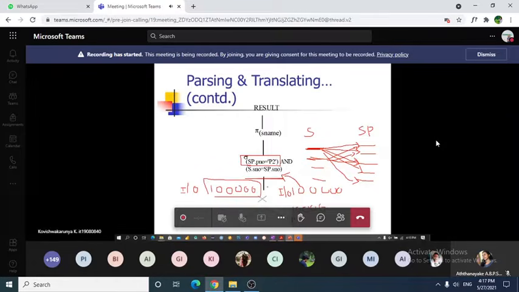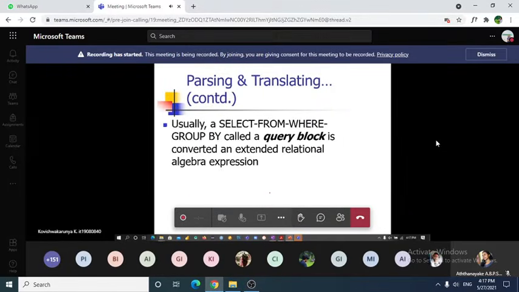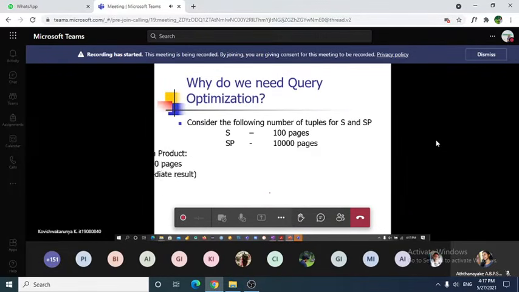Initially to read these two I have 100,000 IO. I'm writing those to the disk, so 100,000 IO. Then from the disk I'm reading it again, 100,000 IO. Then only I'm performing this selection. So the cost here is 3 times 100,000 IO. That is what is mentioned in this place.